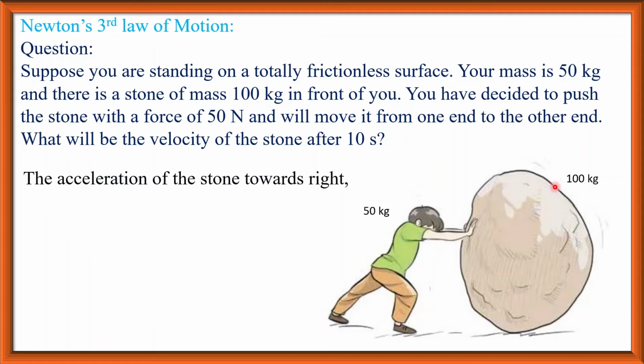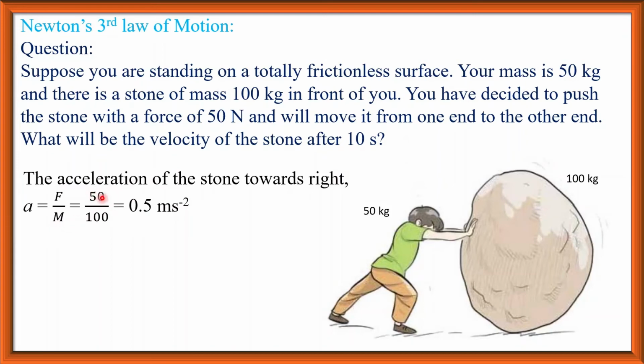The acceleration of the stone is towards the right, here force is applied from left to right on the stone. So the stone will move from left to right. By the application of this 50 Newton force, and mass of the stone being 100 kg, the acceleration of the stone towards the right will be a = F/m.